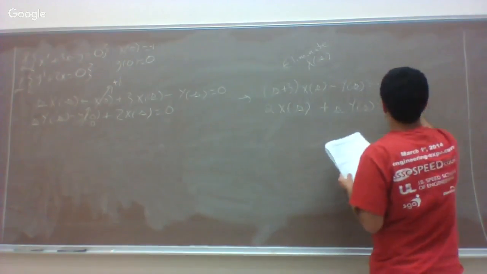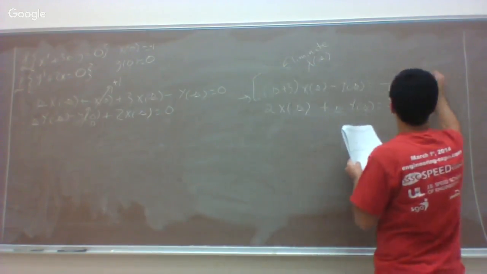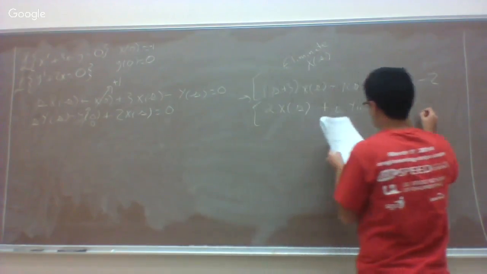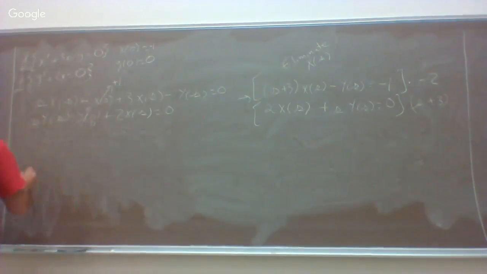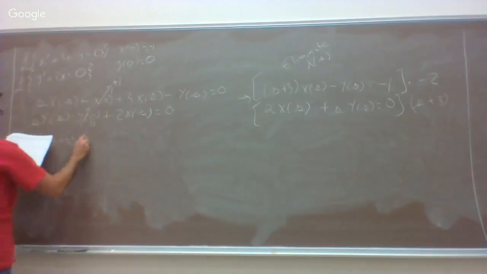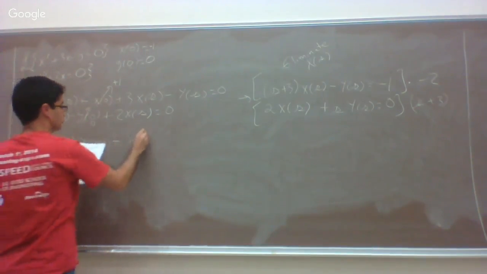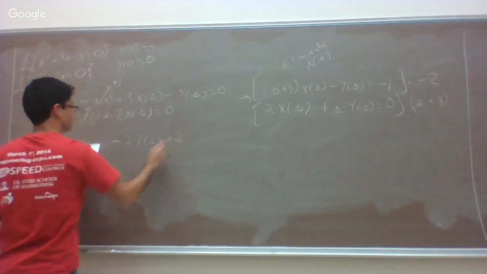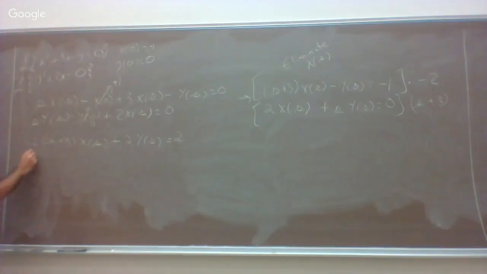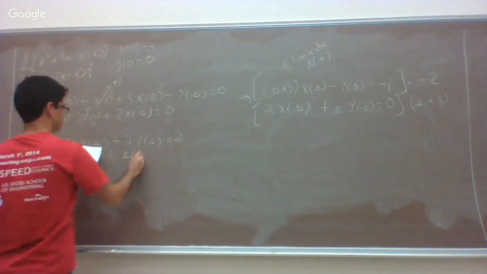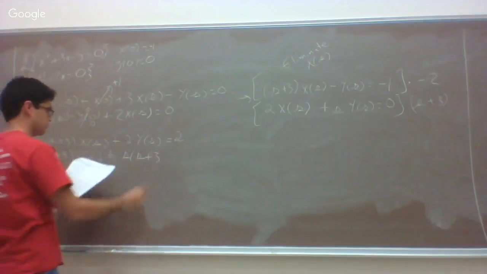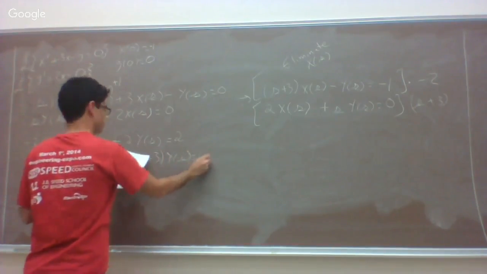So I multiply the entire quantity on this equation by a -2, the entire quantity on the other equation by s plus 3, to get -2 times s plus 3 X of s plus 2 Y of s equal to a 2. The second equation, 2 times s plus 3 X of s plus s times s plus 3 Y of s equal to 0.